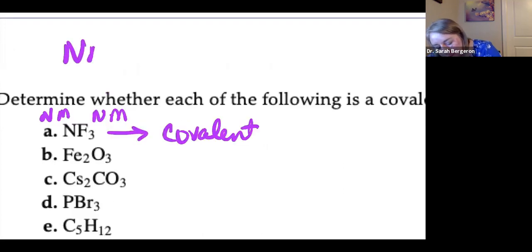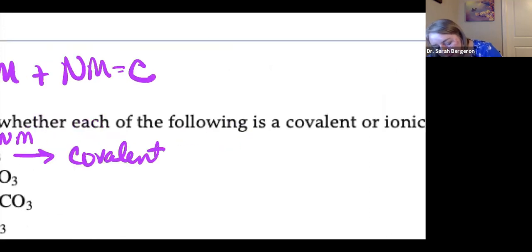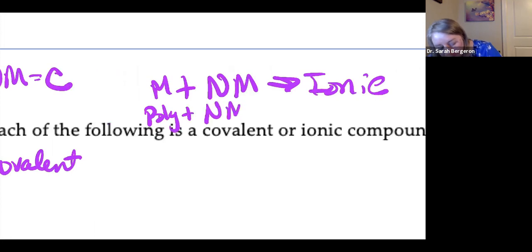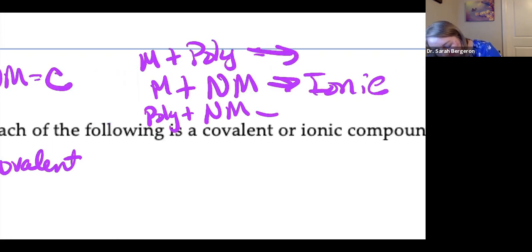If you are nonmetal plus a nonmetal, you are covalent. If you are a metal plus a nonmetal, you are ionic, right? Or you could have a polyatomic plus a nonmetal, or you could have a metal plus a polyatomic. Either way, all of those things are going to give you an ionic compound.